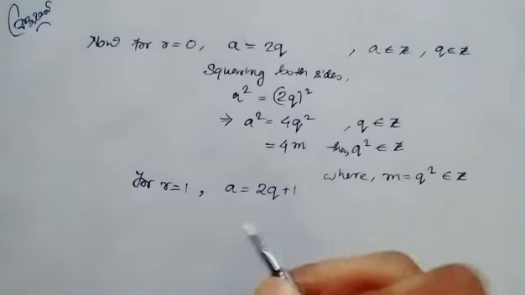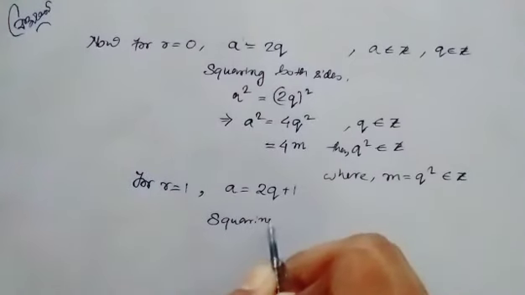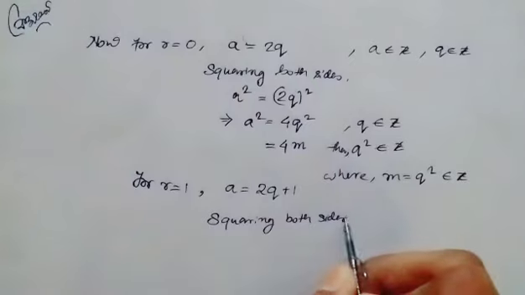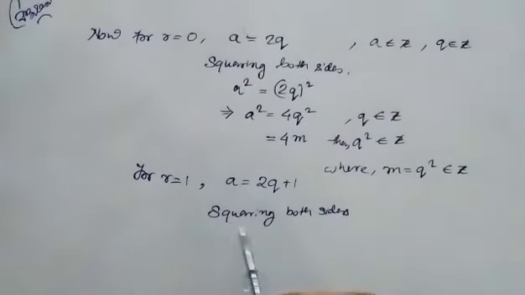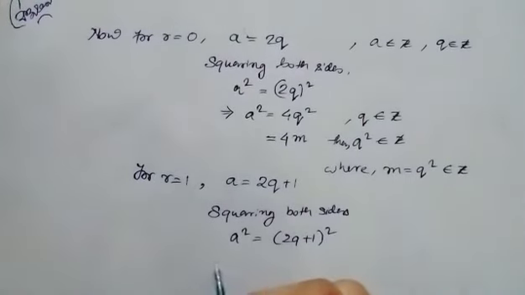Again, by following the same procedure, squaring both sides. Why have we squared? Because the statement of the question was the square of an integer. So squaring both sides, a square is equal to 2q plus 1 whole square.